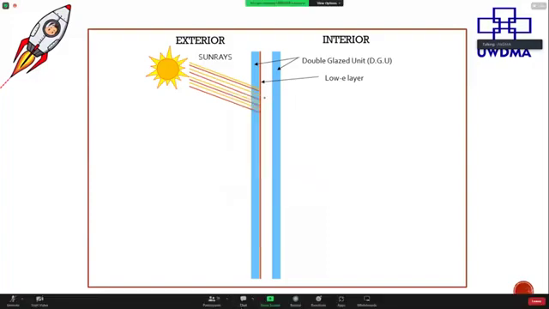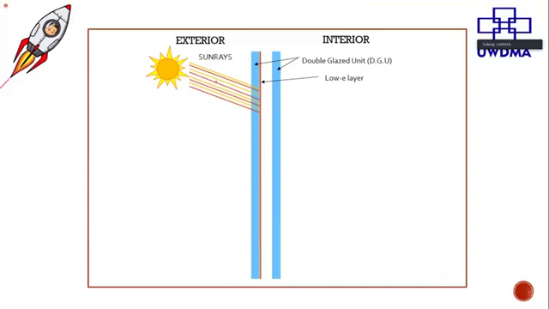So now let's come to this low E glass. As you can see, sun rays are falling on the glass. What happens? This low E layer allows the visible light to pass through, because that's what we need. If you remember when we were studying glass, we wanted the U value to be less and the shading coefficient to be less, but the light should be good because we need light, but we don't want heat to come in.